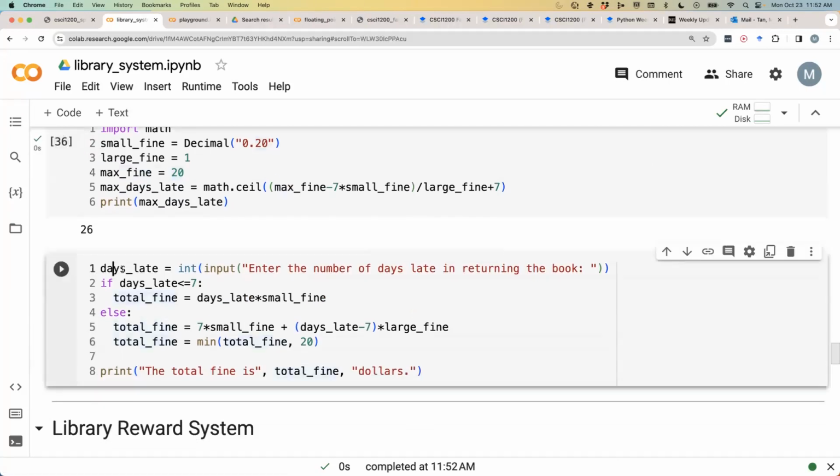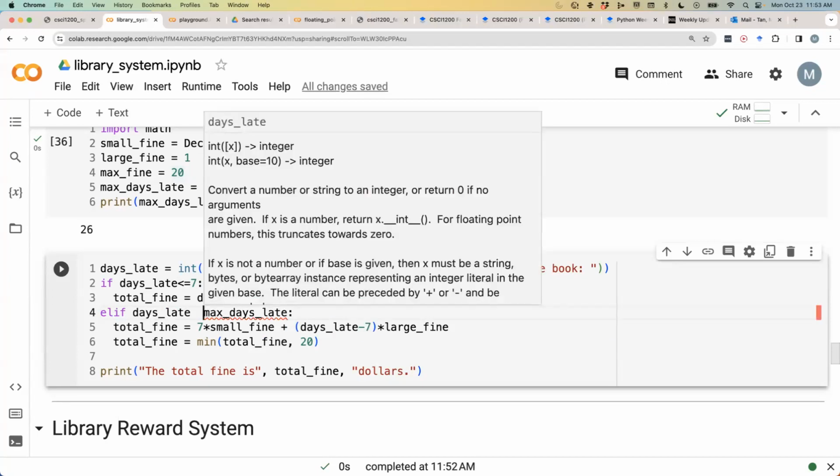And then this is my system that asks the user for input. If the days late is less than or equal to 7, I compute using small phi. Else, I check if the days late is less than maximum days late.